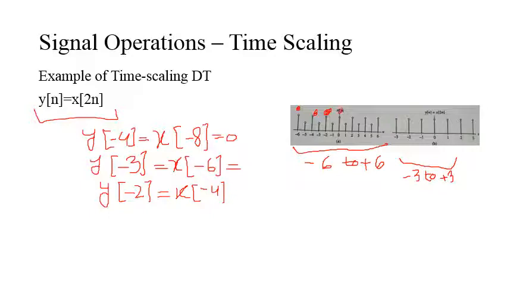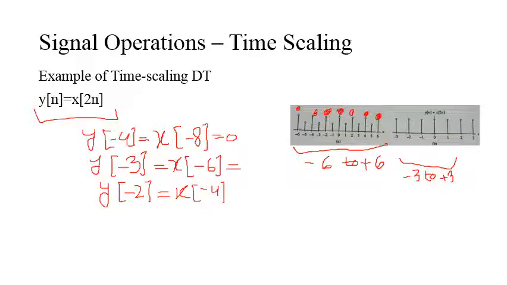These values at the even indexes will be skipped because we are scaling it by a factor of 2. So that means the resulting signal will contain the alternate samples. So we get this.